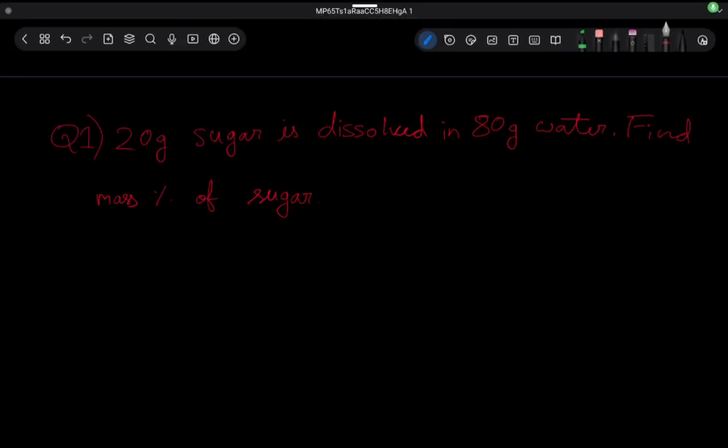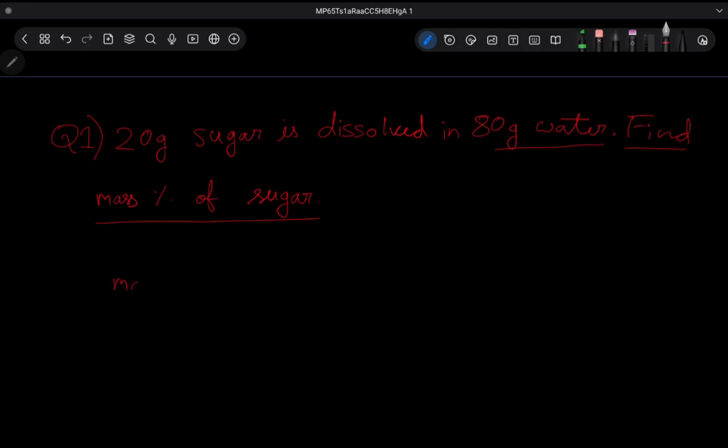A question on mass percentage: 20 gram of sugar is dissolved in 80 gram of water. Find the mass percentage of sugar.